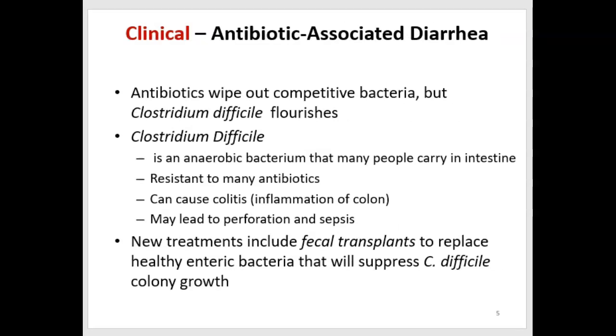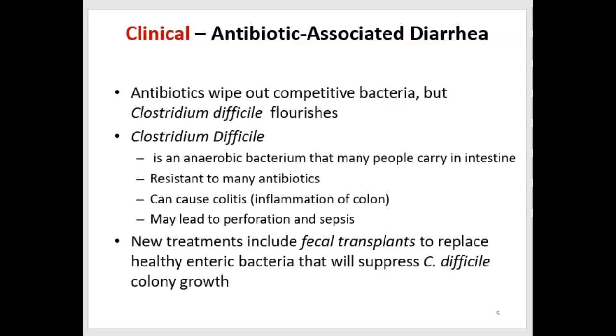Now, there is a clinical condition related to one type of bacteria that is present in the large intestine of many people. And this clinical condition is known as antibiotic-associated diarrhea.